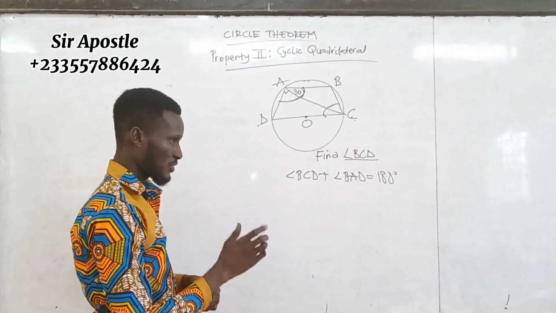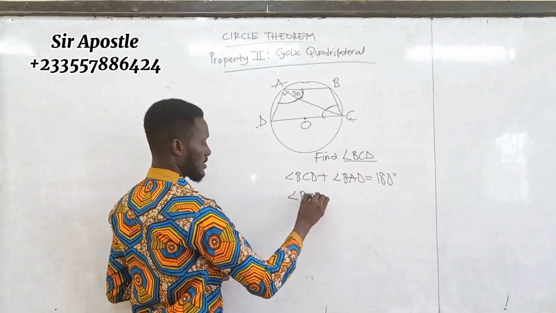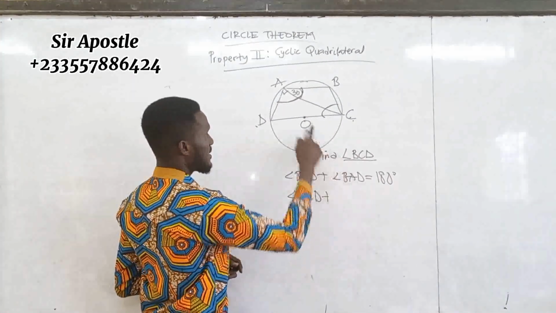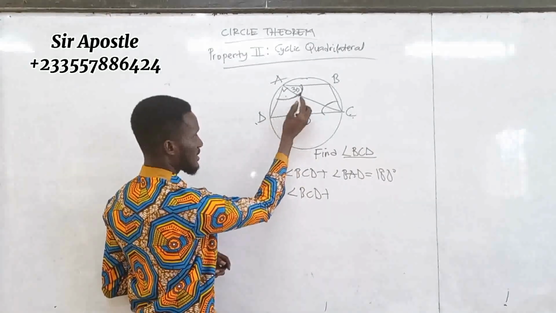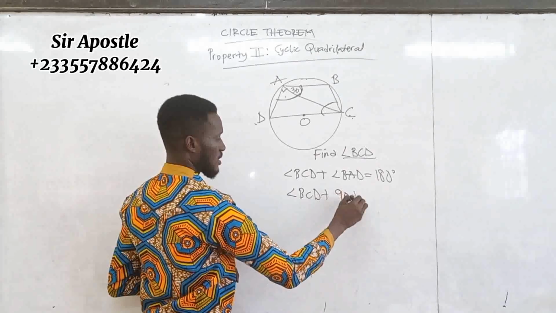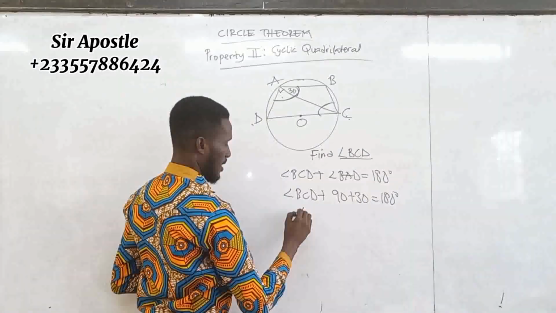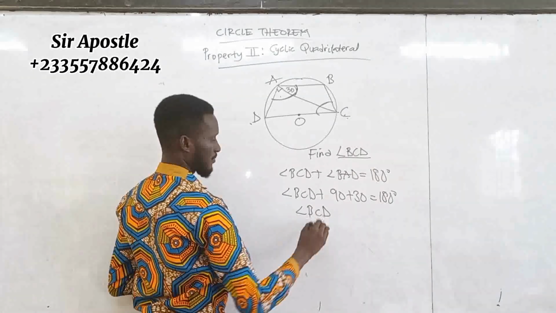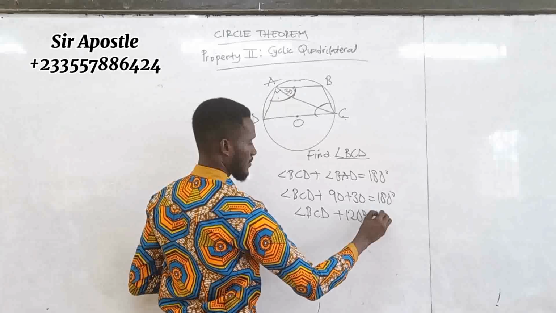So opposite angles add up to 180. Angle BAD is 90 plus 30. Here is 90, here is 30. So 90 plus 30, and we can easily get our answer for BCD. So here will give us 120 degrees.